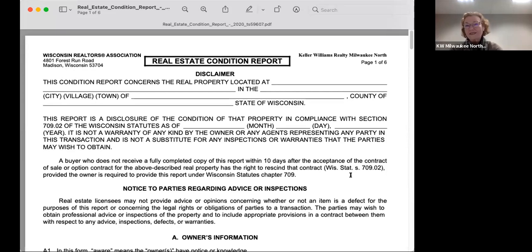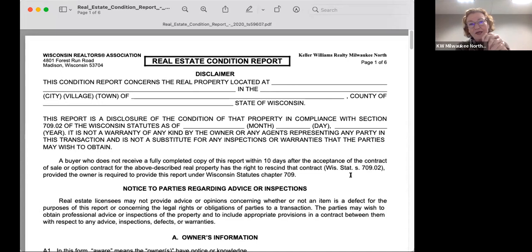A lot of that's going to be based on some of the questions that came up in these issues this year. So I am going to go to the condition report itself. A couple of weeks ago, I did a short real estate condition report slide presentation at the team meeting, and I will review those slides at the end of this.